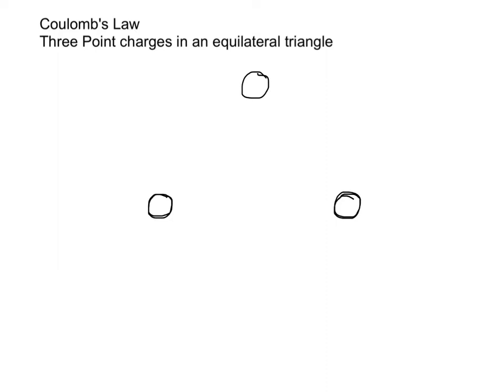And we'll make the two bottom charges positive, the top charge negative. We could choose any arrangement we want, but I'll pick this one. And since it's an equilateral triangle, the distance between all the charges is the same. We'll call that distance S.